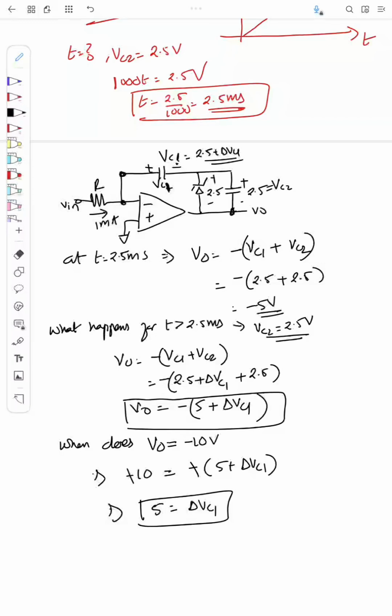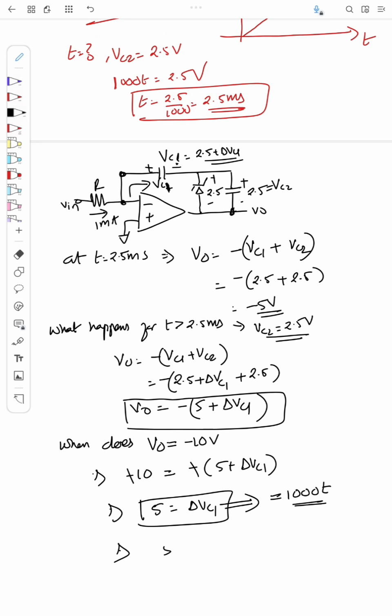Okay, after 2.5 millisecond. So what is delta VC1? Delta VC1 is the voltage across C1 itself, so this will be equal to 1000 t itself. Because the same current is flowing and there is no Zener or any other element across this capacitor C1, the voltage across the capacitor C1 will increment linearly.